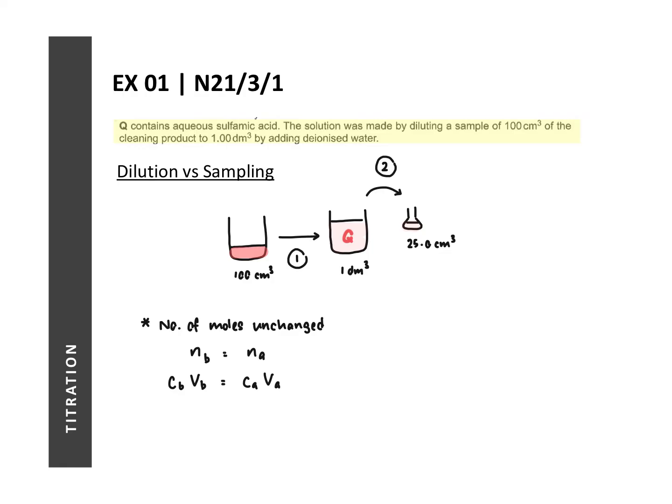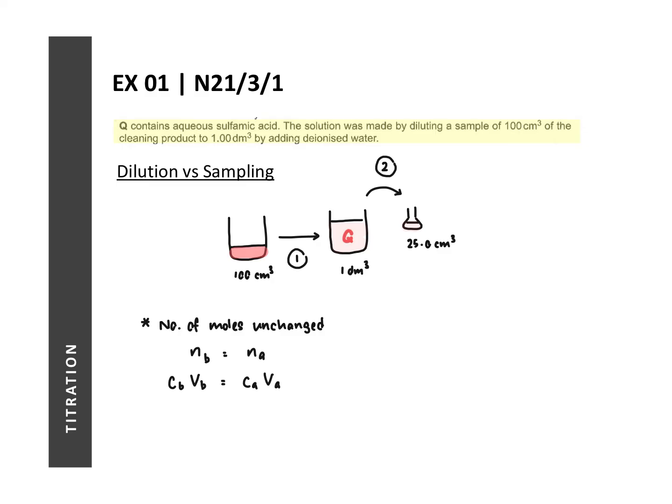Now there's one very important concept that is usually taught in A levels involving dilution, but it's good to know it now: in dilution, the number of moles of your substance does not change. So in this case, when we dilute your sulfamic acid from 100 centimeter cube to 1 dm cube, the number of moles of acid does not change.